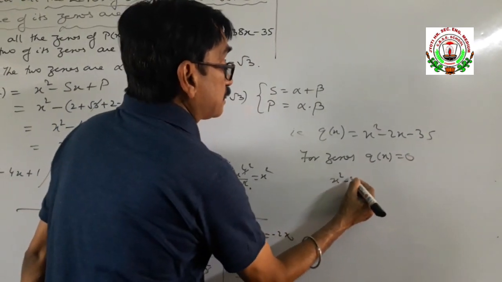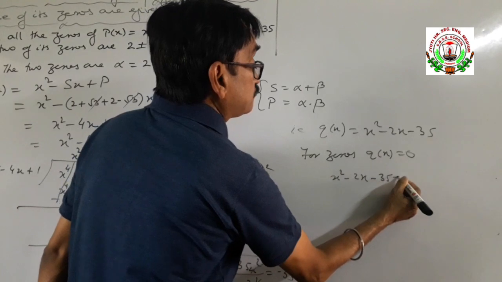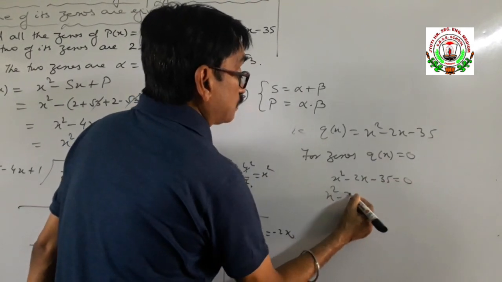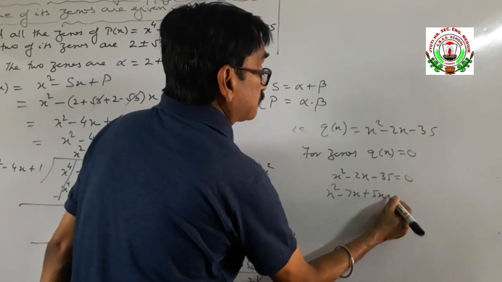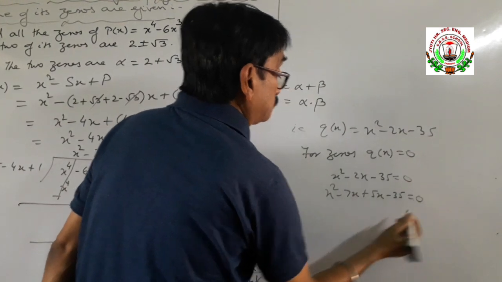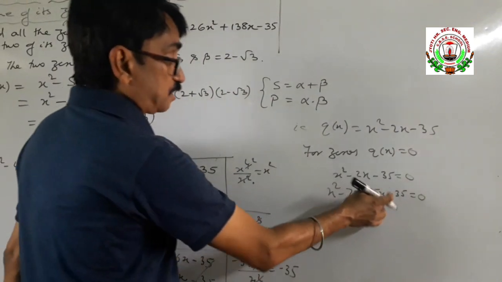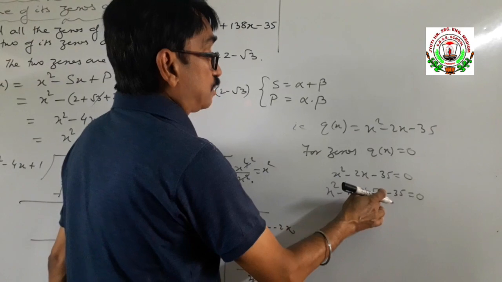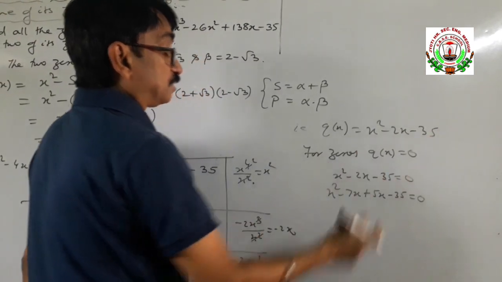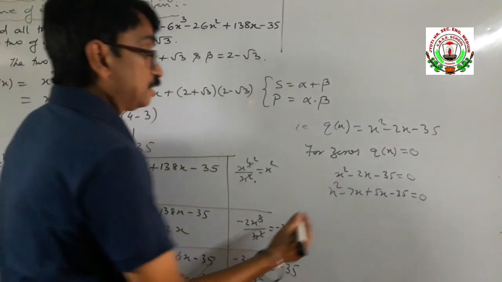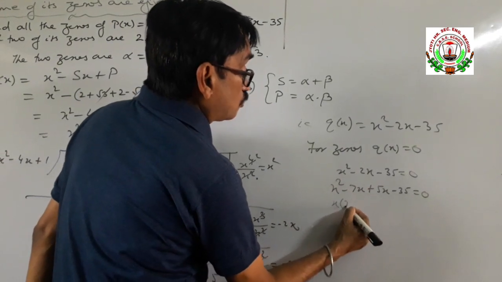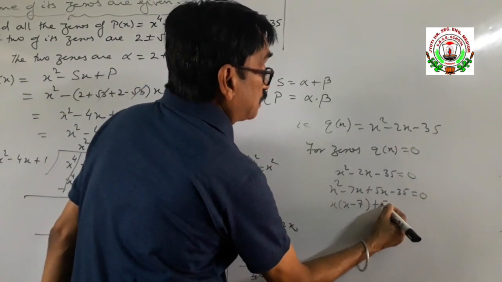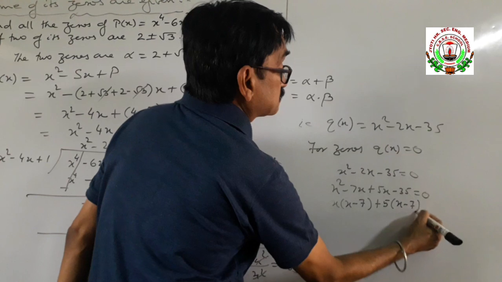So x square minus 2x minus 35 equal to 0. x square minus 7x plus 5x minus 35 equal to 0. Minus 7 plus 5 is minus 2, and minus 7 into 5 equals 1 into minus 35, that is minus 35. Splitting the middle term, x common, x minus 7, plus 5 common, x minus 7.